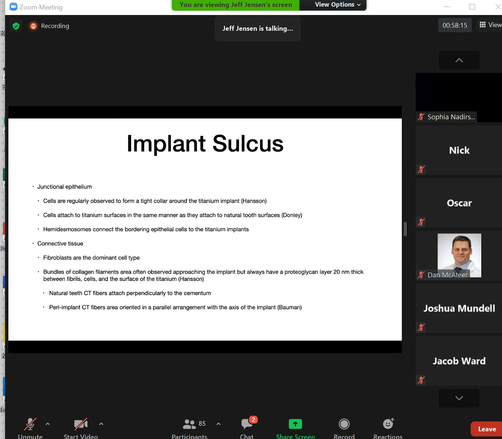In an implant, the connective tissues in the peri-implant area are typically parallel to the axis of the implant. So they're not coming into and attaching to the implant. They're just running around the implant in a parallel manner. So if you have attachment to any part of the implant, soft tissue-wise, likely hemidesmosomes and long junctional epithelium, which is fine. We like that. We can keep that healthy.